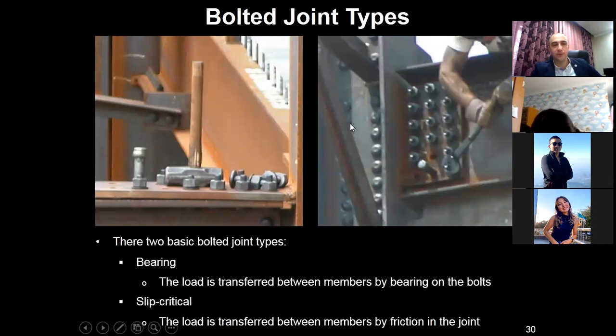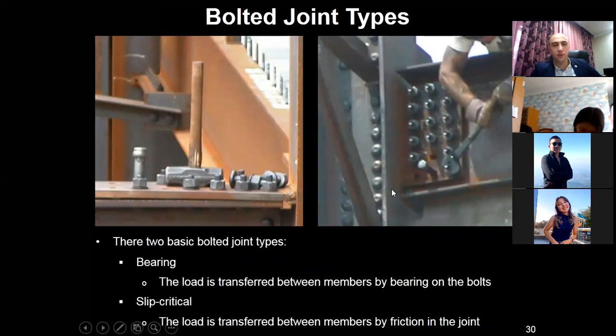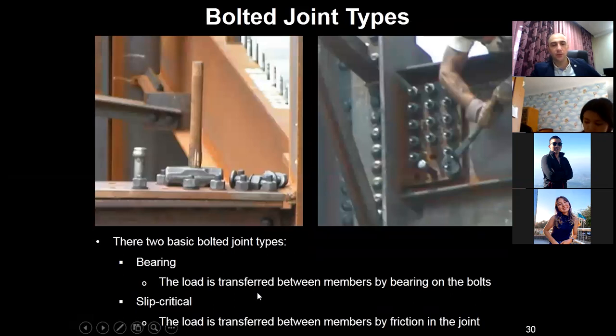Bolt joint types. There are two main bolt joint types. The first is bearing, where the load is transferred between members by bearing on the bolt. The second is slip critical, where the load is transferred between members by friction in the joint.